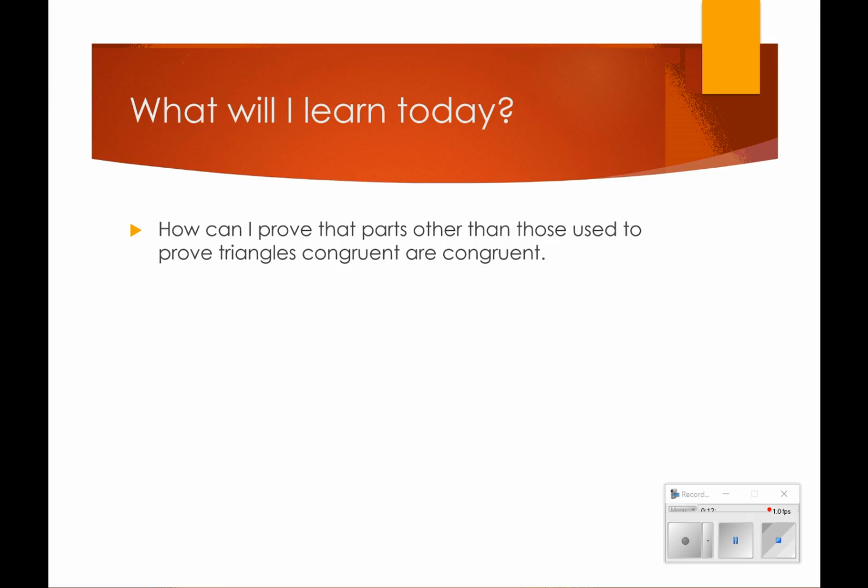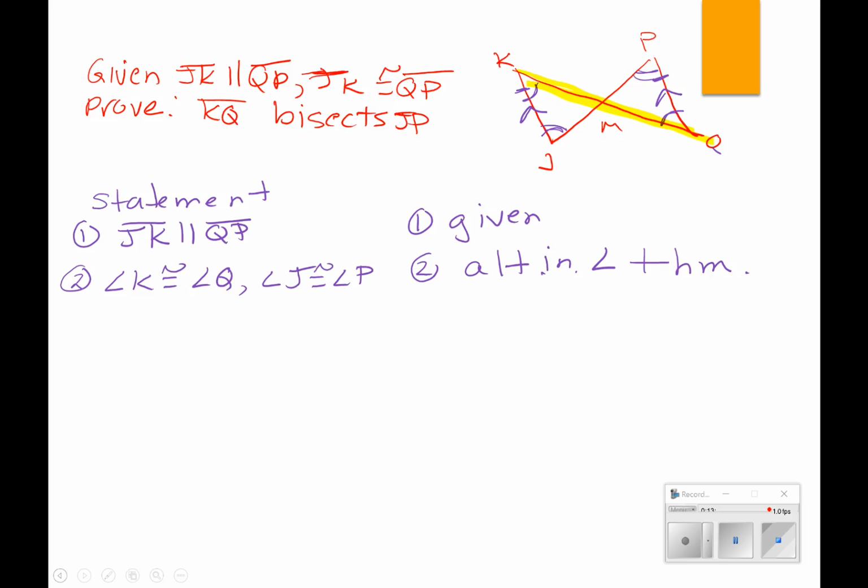My next step is going to use that JK is congruent to QP, and that was given. Now I've got enough to say that the triangles are congruent by angle, side, angle.